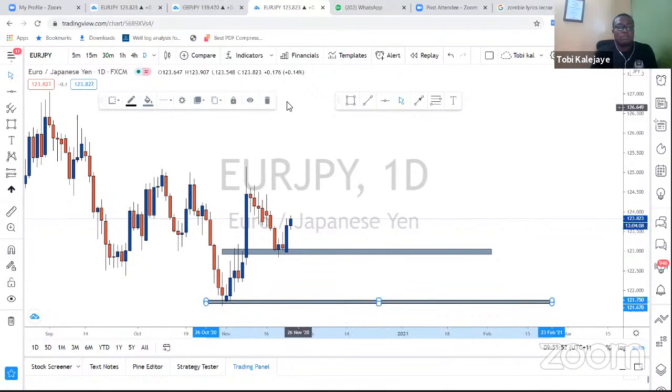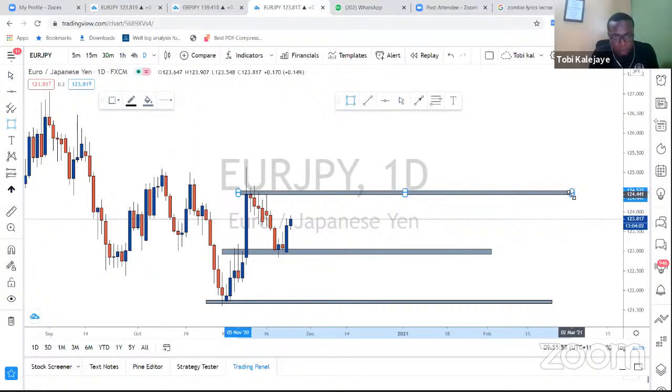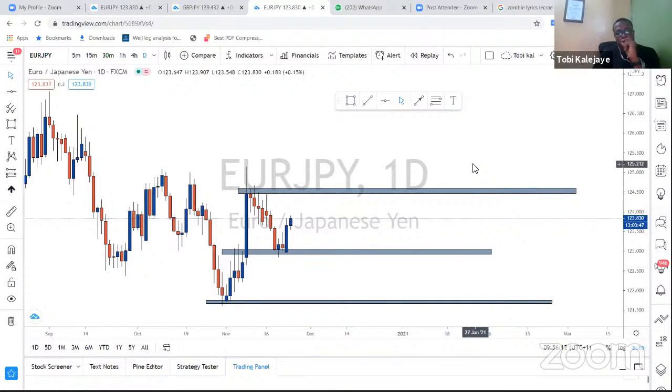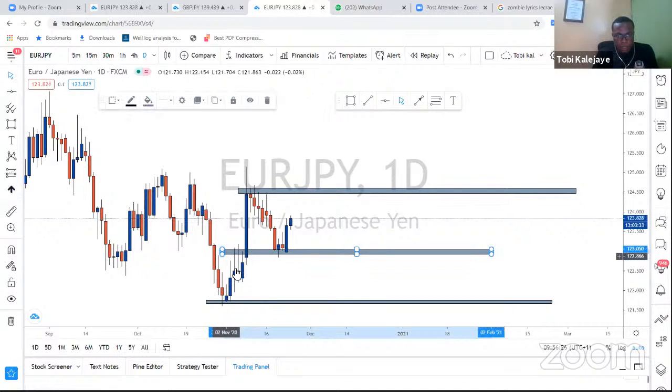All right, and for here at this level, we're still marking, no doubt, from the tip of the body, but we'll just take up more wicks, at least to fill up a range, because in reality, price is always in a range. So if I have this right now, the base is a demand level. At this point, this level acted as a demand level, no doubt, but it was broken.